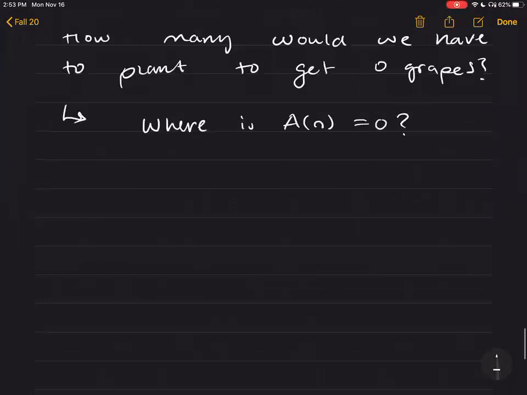Okay, so to write that in symbols, remember A of n was n times 10 minus 0.01 n, like that. And so it's already factored for us, which is really nice. So we can just use the zero product property.